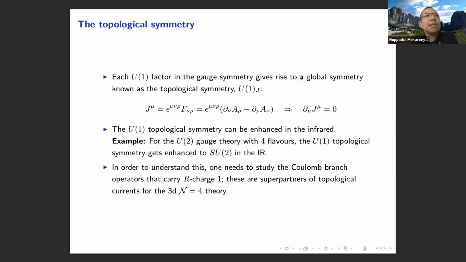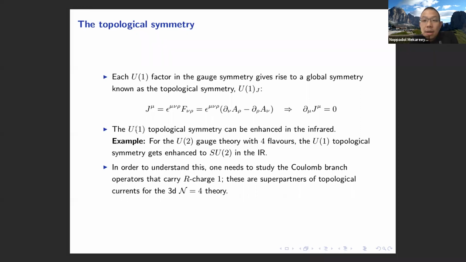This gives rise to a global symmetry known as topological symmetry, commonly denoted U1_J. If you take this U1 factor and dualize, you get the current J, and you see that J is conserved. This is the current associated with the topological symmetry U1_J.